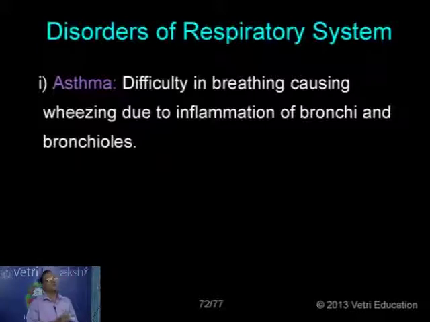The inflammation of the bronchi and bronchioles occurs, leading to difficulty in breathing, causing wheezing and more rapid breathing. This is because of the inflammation of the bronchi and bronchioles, ultimately causing wheezing, and that is called asthma, a kind of manifestation of allergy or hypersensitivity to dust.